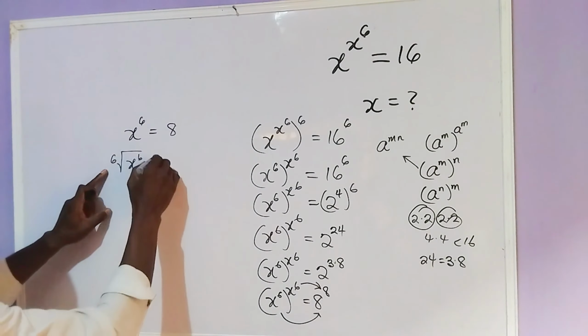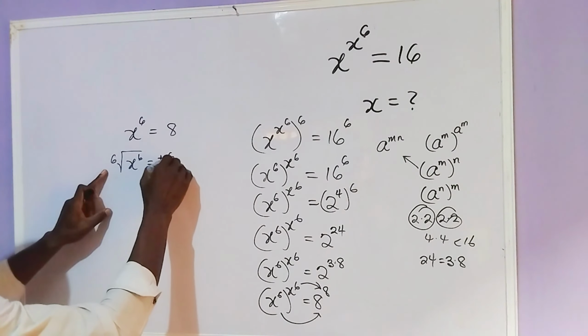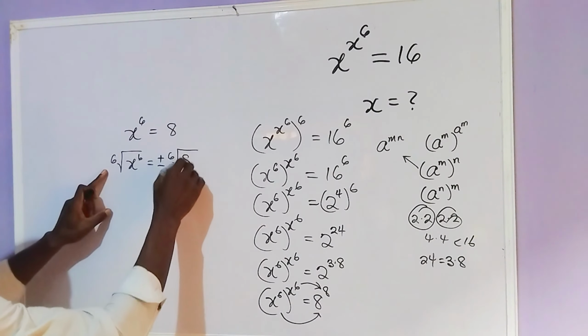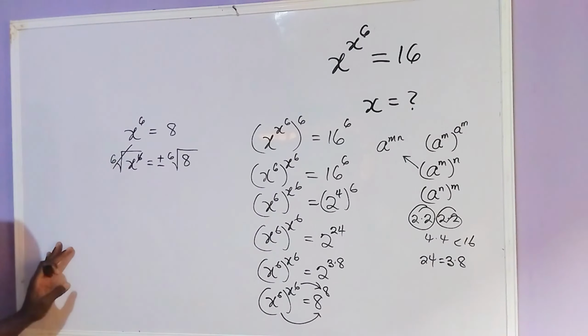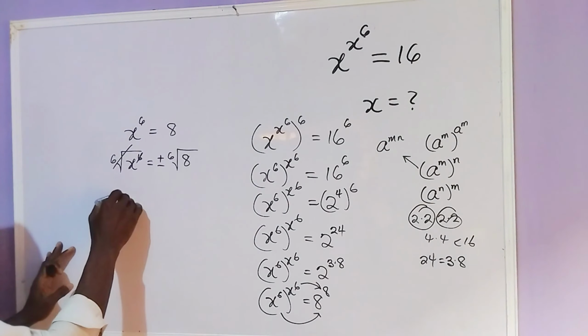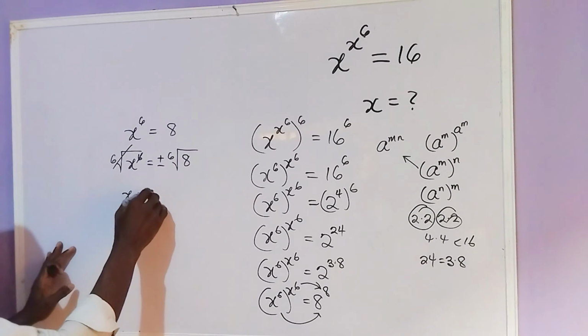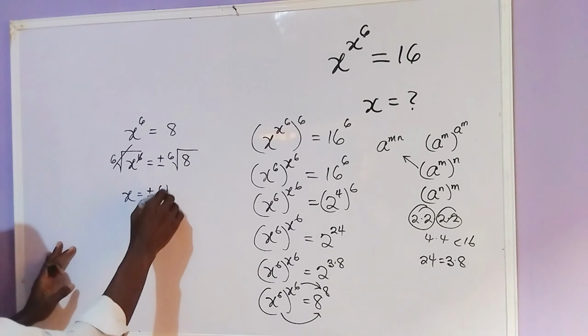Since this is even, we have plus or minus the 6th root of 8. The 6th root cancels out the 6, which is the exponent. We're now left with x equals plus or minus the 6th root of 8.